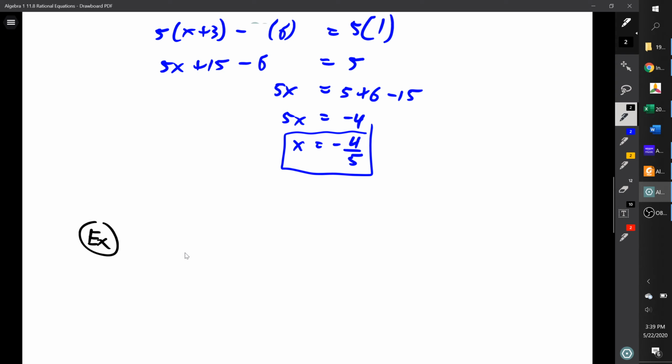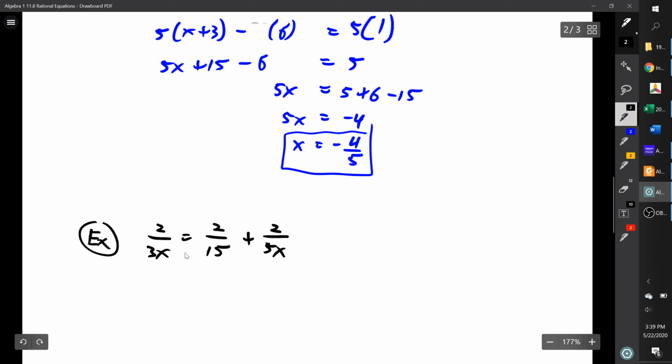So this one I want to do 2 over 3x equals 2 over 15 plus 2 over 5x. So what value of x would make that true? That's a 5, just to make sure it's clear.